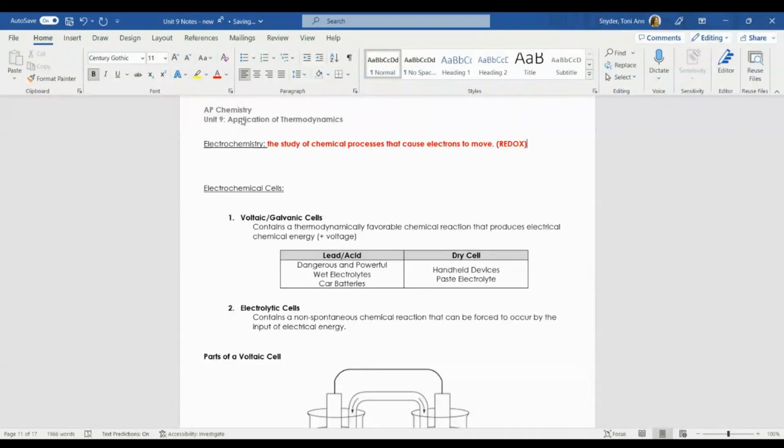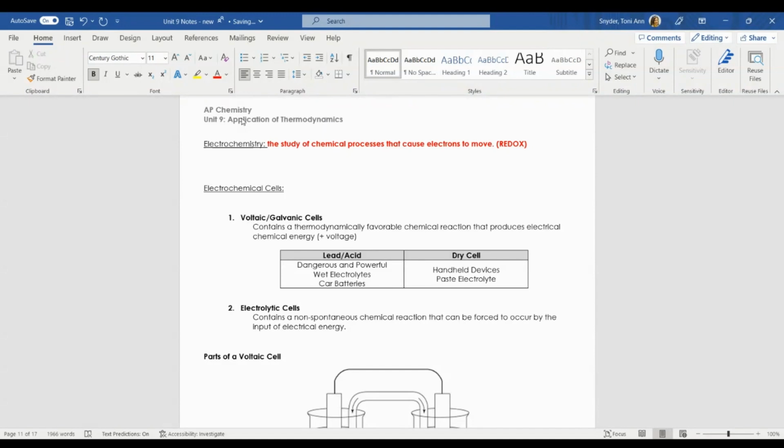So we can take those particular reactions, and since electricity is a movement of electrons, we can study that, right? So how do electrons move, and how does that create electricity and voltage between two chemical systems?